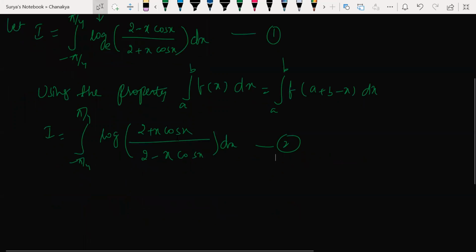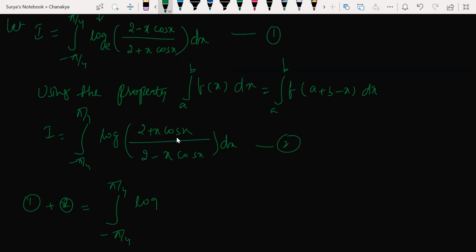I'm adding first and second. Minus pi by 4 to pi by 4 log of 2 minus x cos x by 2 plus x cos x into 2 plus x cos x by 2 minus x cos x, log a plus log b is log ab, correct?